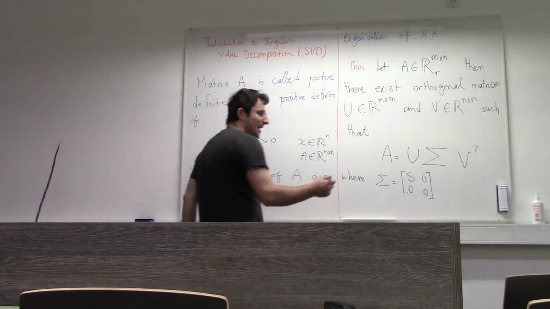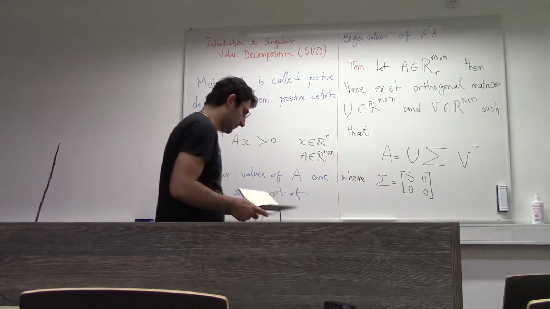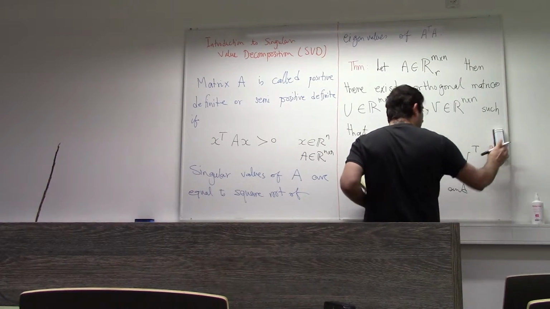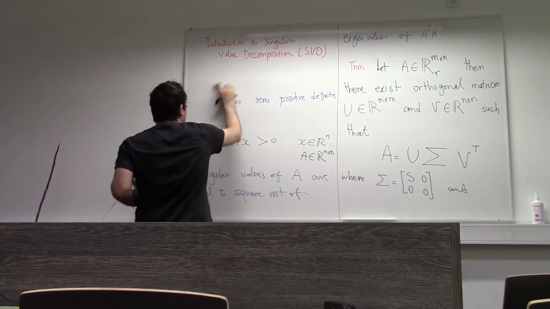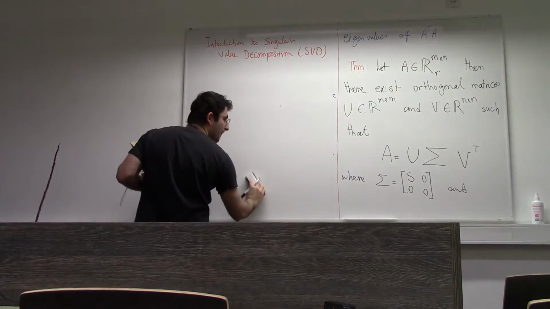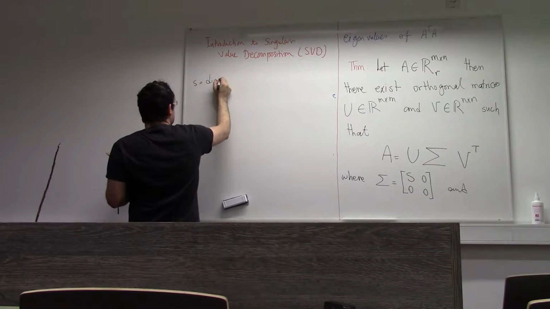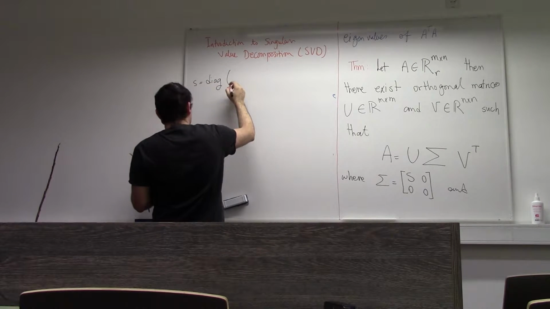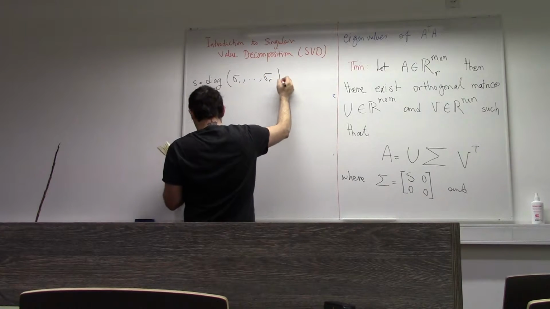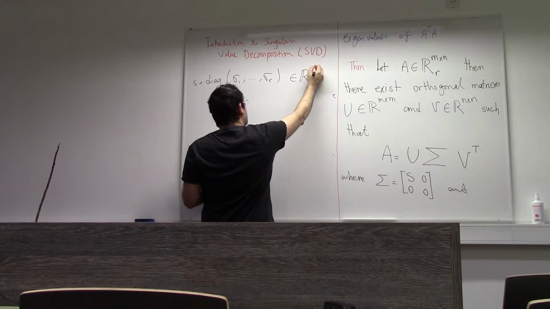So block matrix means that S is a matrix, and the zeros are vectors, or it can be numbers. And S is a diagonal matrix whose diagonal elements are sigma 1 up to sigma r, belonging to R^(r by r).